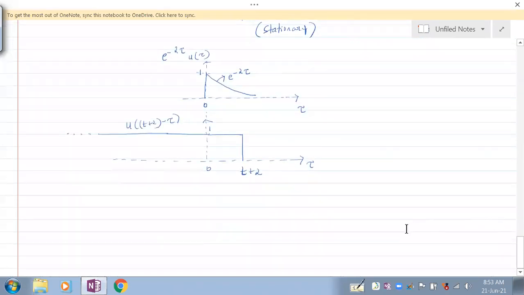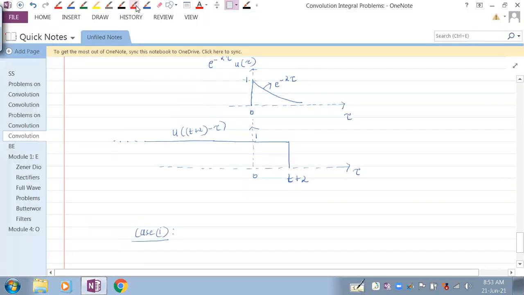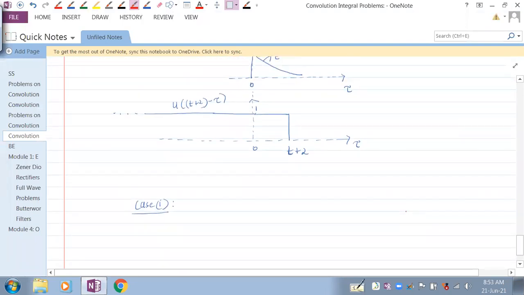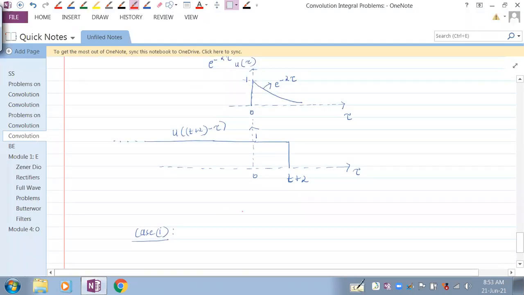Case 1. No overlapping case needs to be given. So how to give the no overlapping case? Let's write that for your clarity. So this is stationary signal. So this is 0.